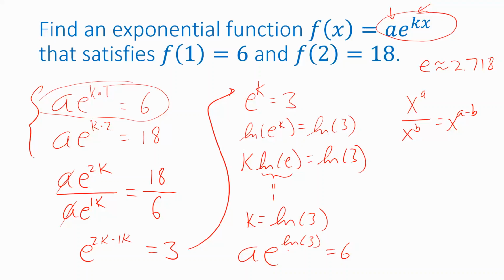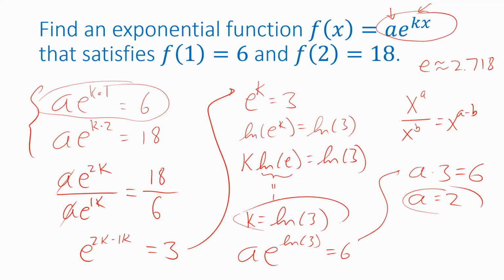The exponential and logarithm functions are inverses of each other, so because we're raising the base e to a log base e, those cancel each other out, and we get a times e to the natural log of 3 is just 3. Now we can isolate a. 6 divided by 3 is 2. So I have a, I have k, and now I put those together and I write down my function. f of x is a e to the k times x.